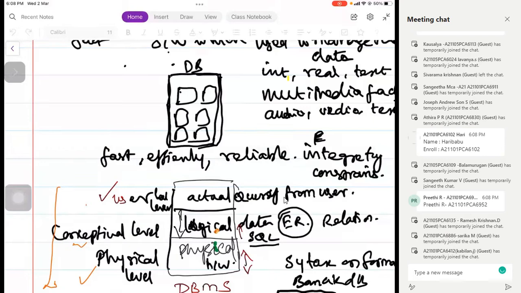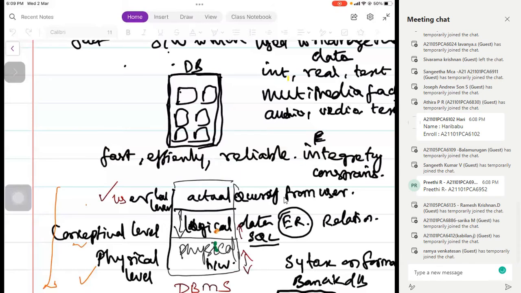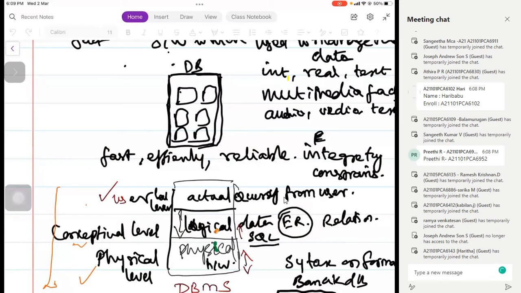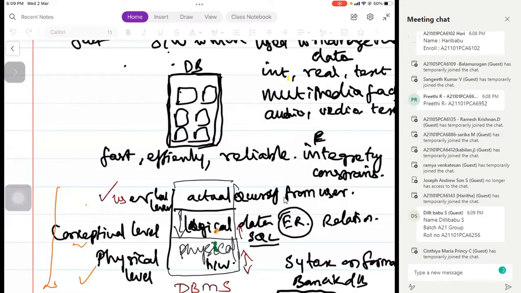What about the conceptual level? It means the logical level. What is the logical level? From the logical level, this is the actual software we have generated. It is an interface between the user and what we have stored in the physical devices.